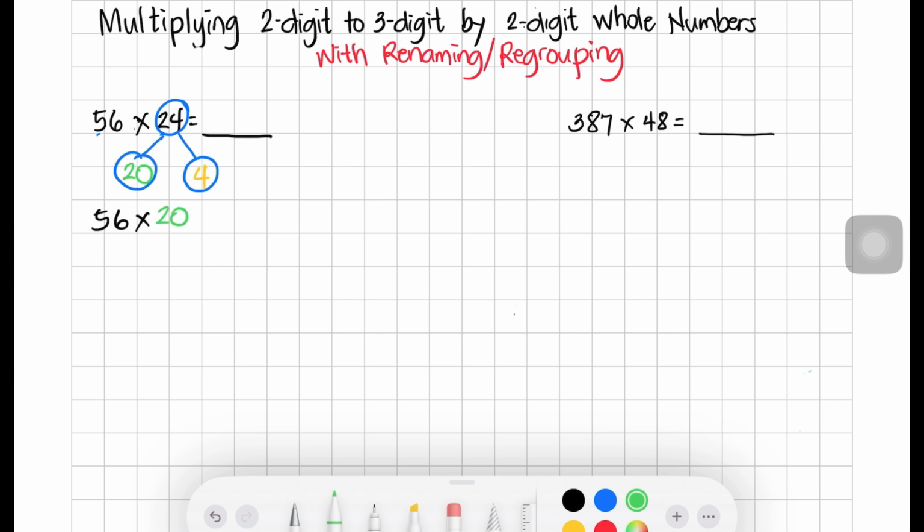So 56 times 20 is actually just the same as saying 56 times 2 times 10.